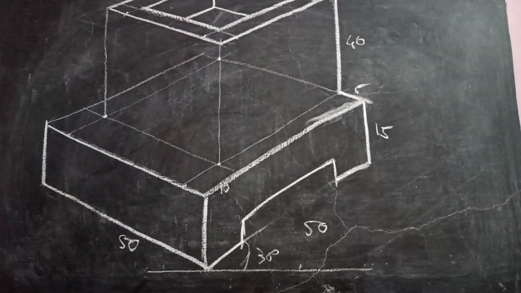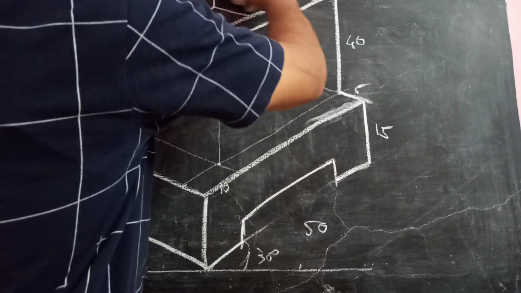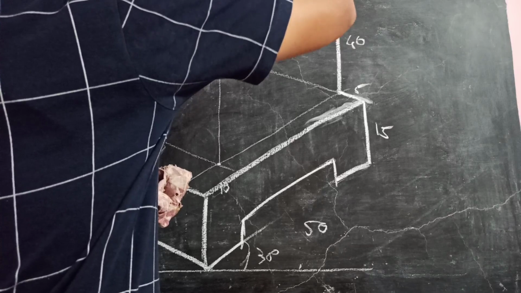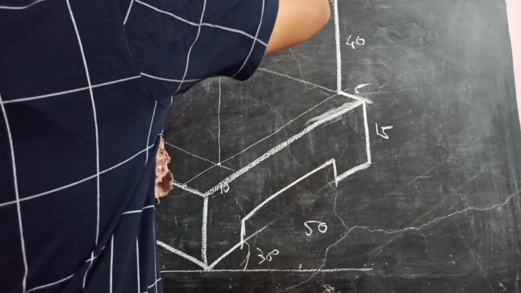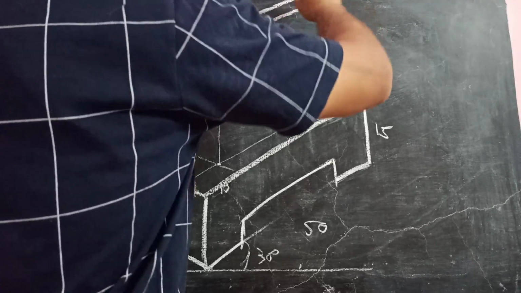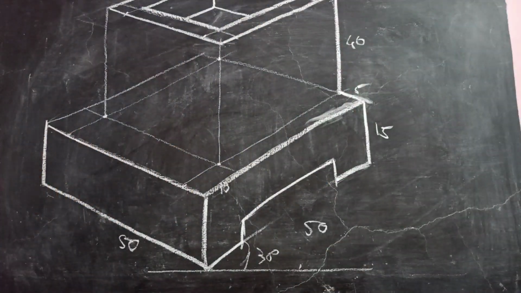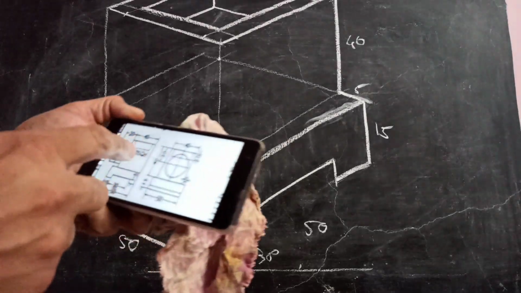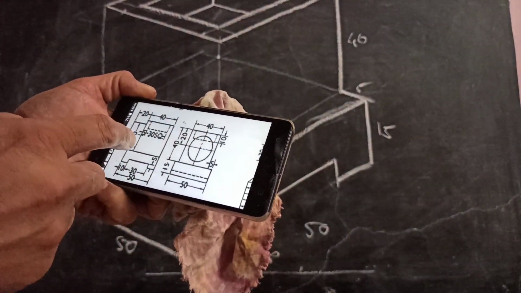So this is the square hole. Now you can see here there is a round of 30 diameter, and that round has a length of 20.